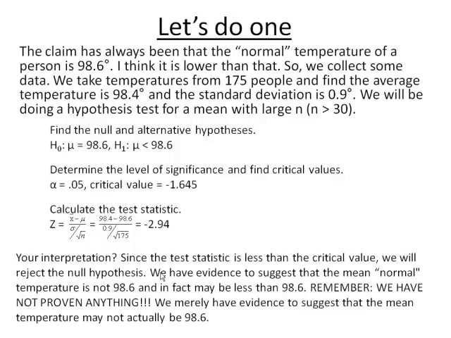Again, remember, we prove nothing. This does not prove that the average temperature is less than 98.6, we just have evidence to support the fact that maybe our assumption isn't a very good one, because the probability of getting a sample with a mean that low is relatively small.